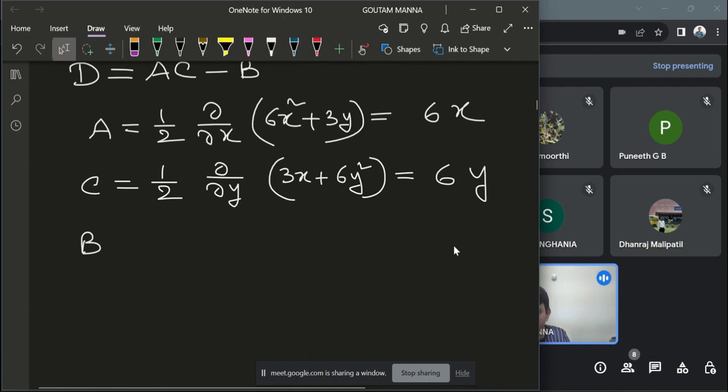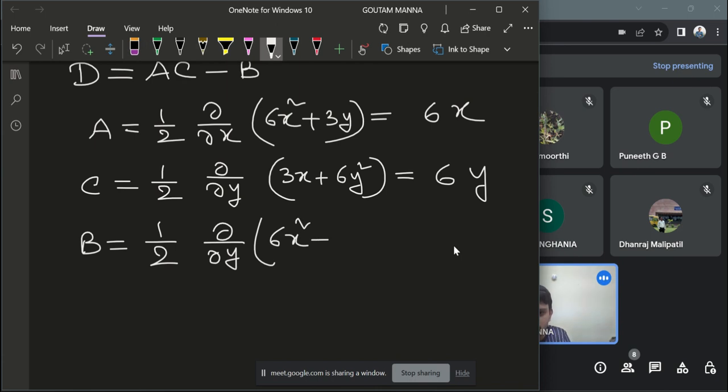And B will be half of del y of del f del x, and del f del x is 6x square plus 3y. If we do del y of it, it will be 3 only, and there is a half here, so it is 3 by 2.